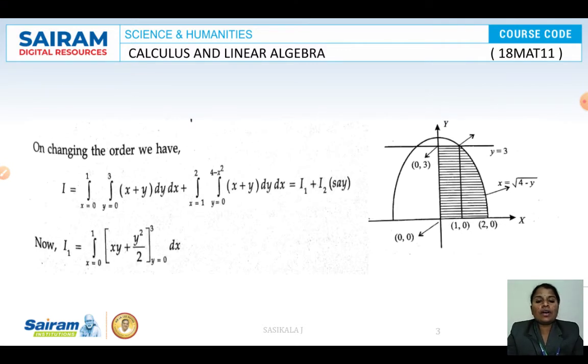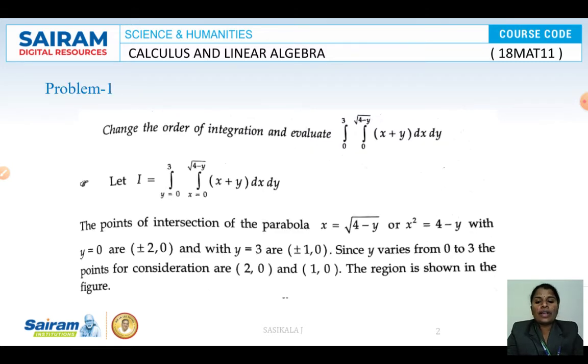You can see the figure. This curve is x equal to root of 4 minus y, that is, x squared equal to 4 minus y. When y is equal to 0, I have x equal to 2, and when y is equal to 3, I have x equal to 1.